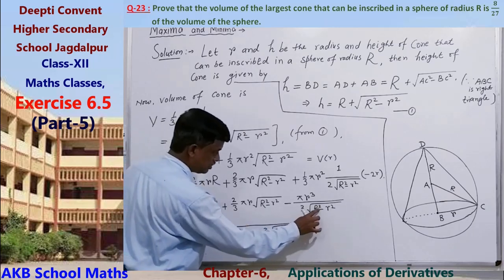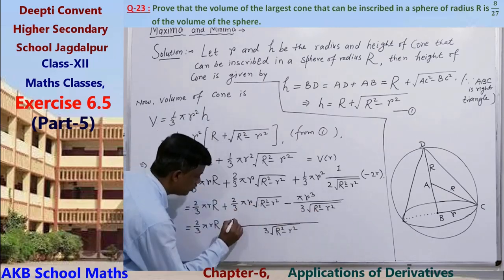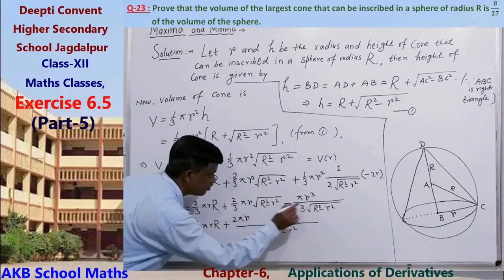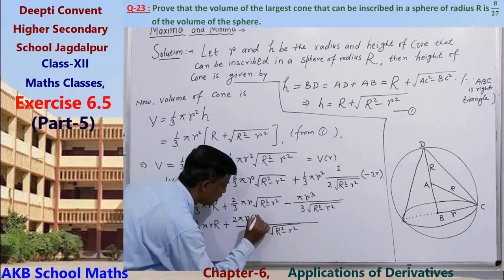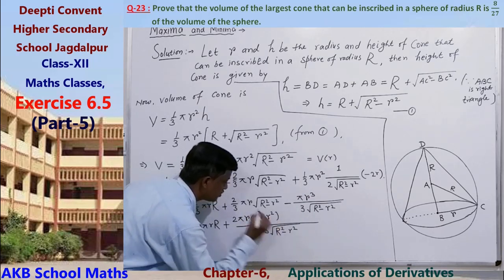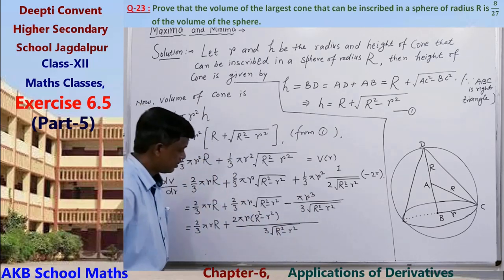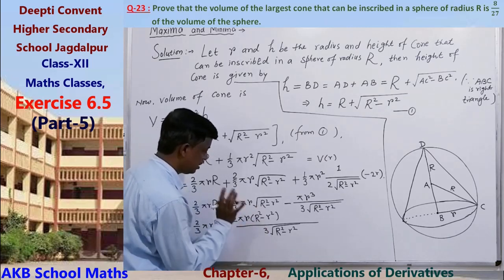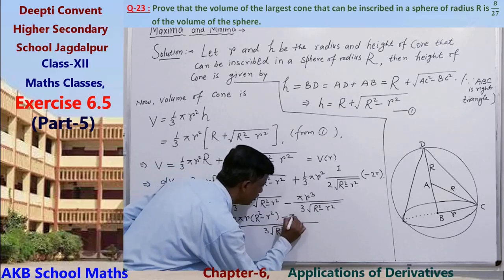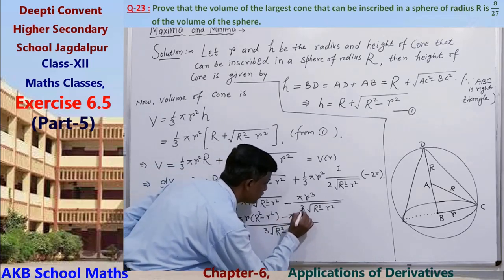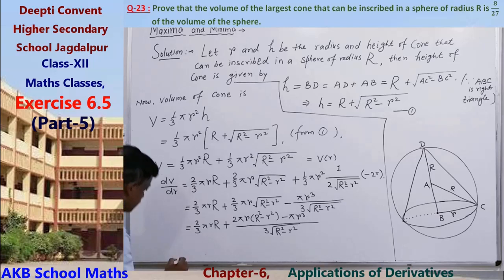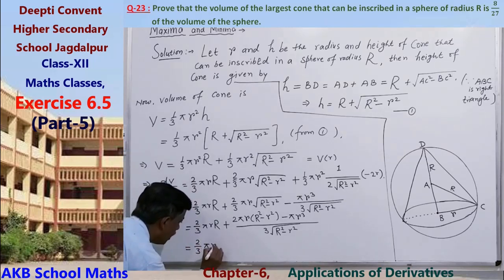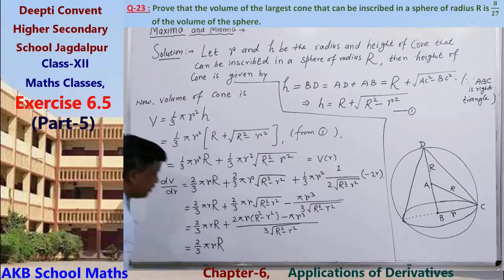So this is multiplied by this, 2 pi r times R square minus r square. The 3 cancels, this is multiplied by this, 2 pi r, minus pi r cube. So finally we get 2 by 3 pi r.